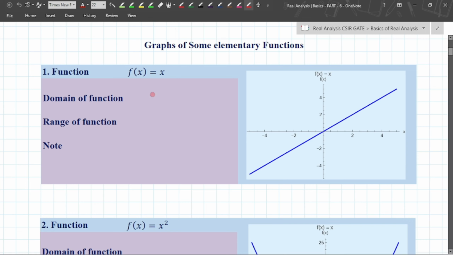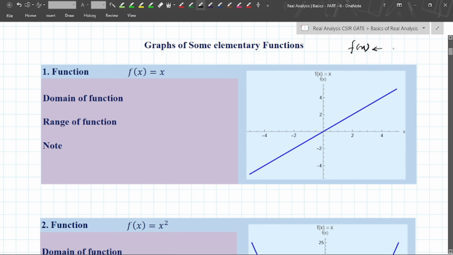So this is f of x is equal to x, and this is a function which is a straight line passing through the whole horizon. To identify whether a curve is passing through a point or not, whenever you have a function f of x of one variable, is it passing through the origin or not?